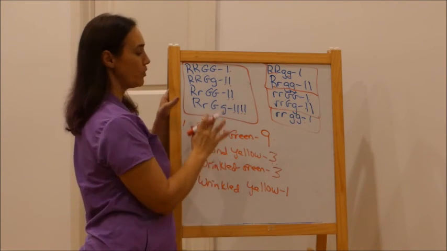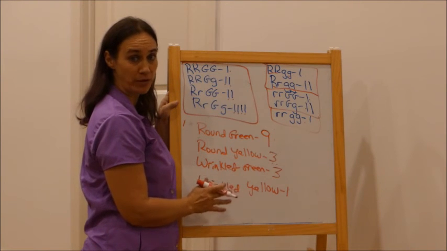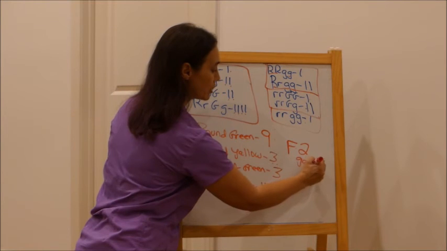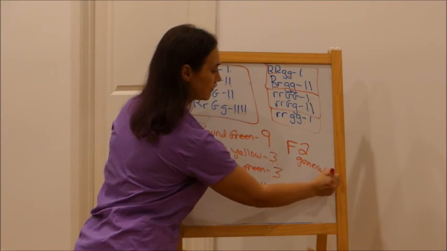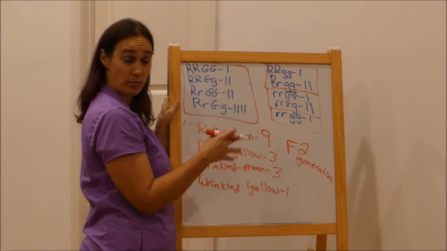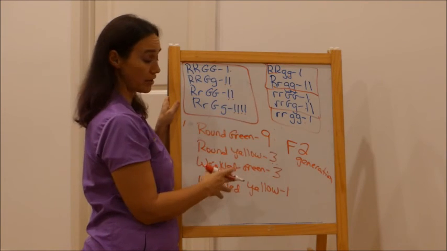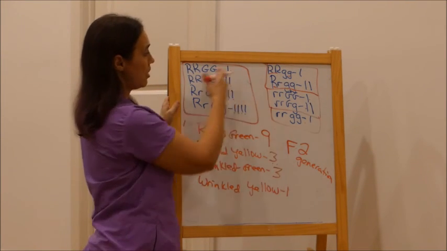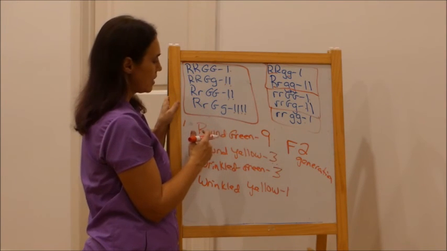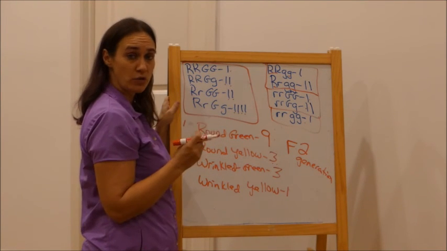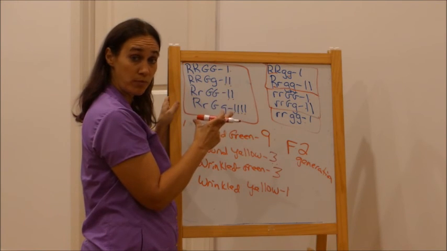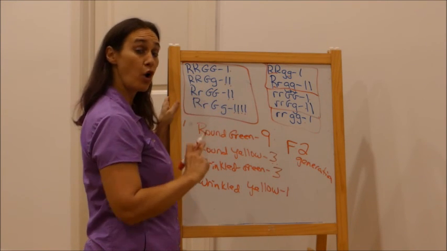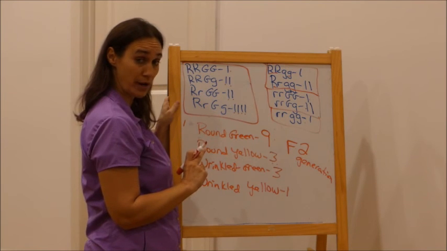Right? So this is how we do our dihybrid cross, and this is all of our F2 generation. Now, obviously we could do more and more crosses and figure out how to get different traits that we wanted out of them by crossing all of these different alleles, right? So remember, F1 generation, we crossed purebred, homozygous dominant for both traits, with homozygous recessive for both traits.